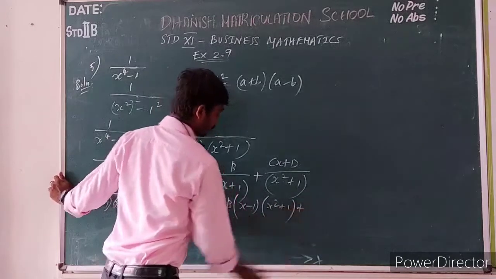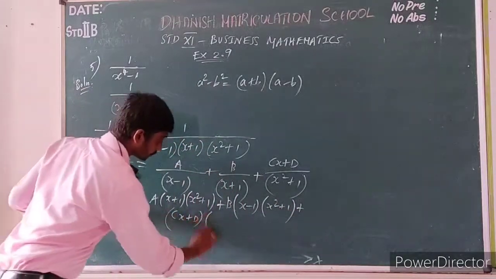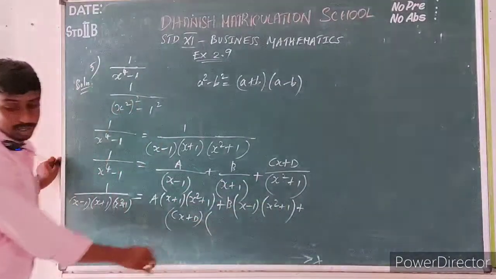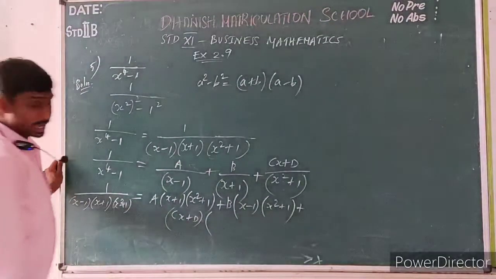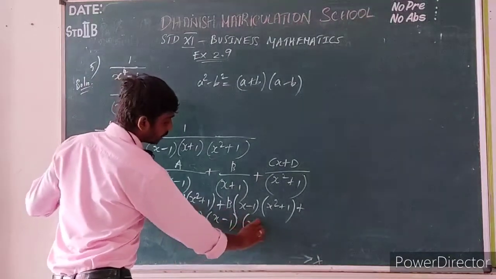Then Cx plus D into the remaining values, x minus 1 into x plus 1.